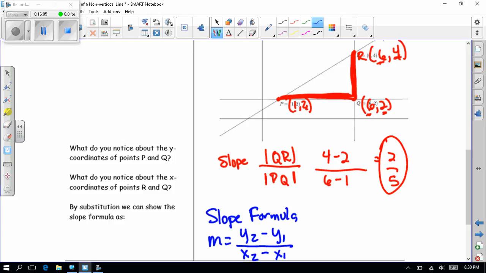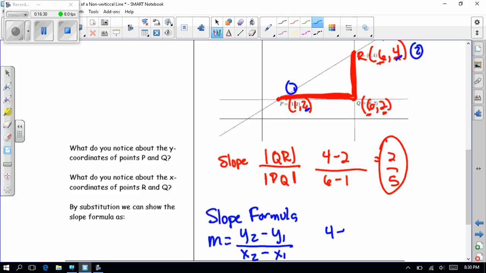We're putting the numerals on them just to remember that we have two different points and to keep them in order. So if we've got our P and our R, let's call this our first point, and this our second point. So in keeping with our formula, the y from our second point is 4.